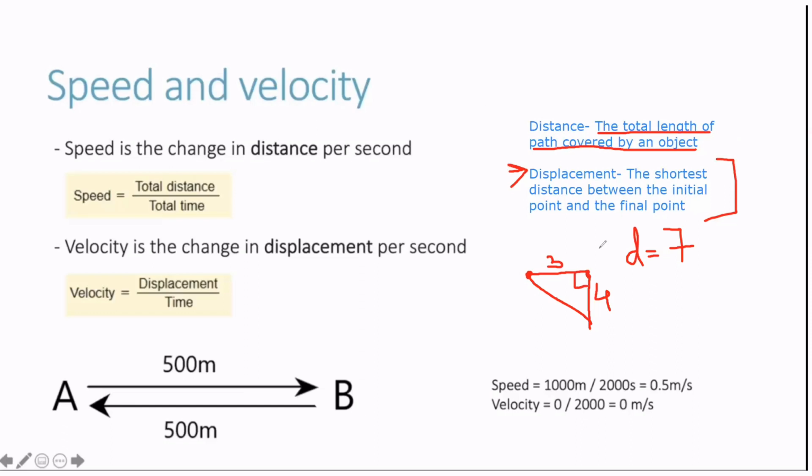So by applying the Pythagoras theorem, 3 square plus 4 square would be equal to x square. Just giving it a variable, you can take any other name. So 9 plus 16 is equal to x square. That is 25 is equal to x square, and x is equal to 5.